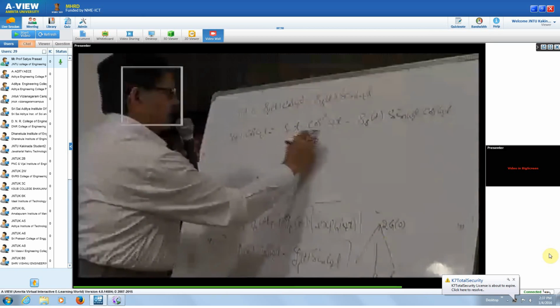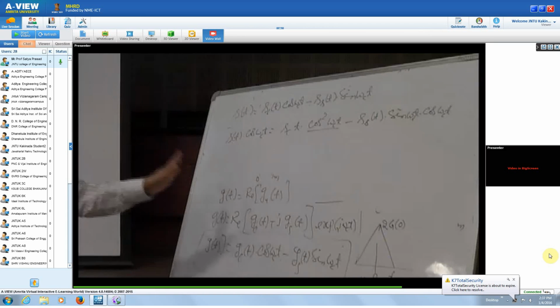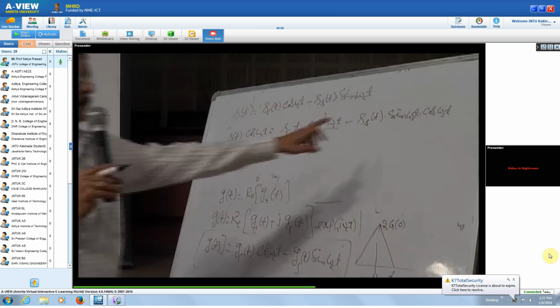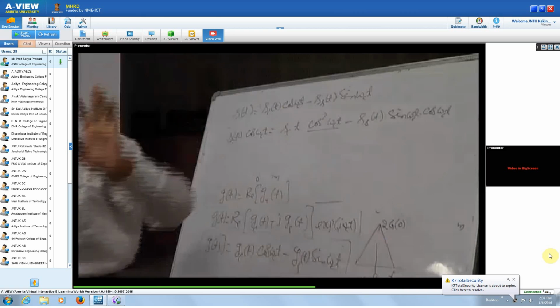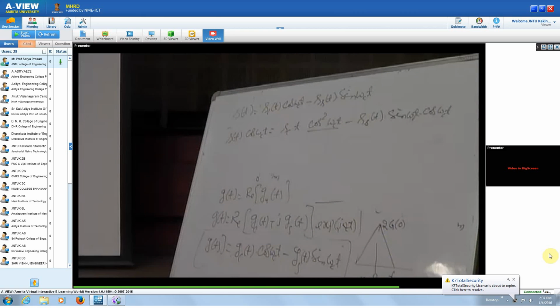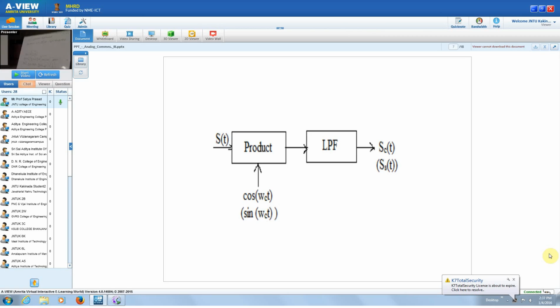So this is having 1 plus cos 2 omega ct. The other one is sin 2 omega ct. Therefore, if you pass through a low pass filter after the product modulator, both the second harmonic signals will be eliminated, only your Sc of t will be coming.